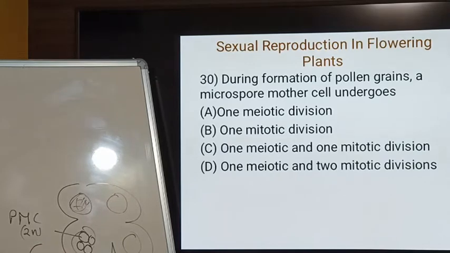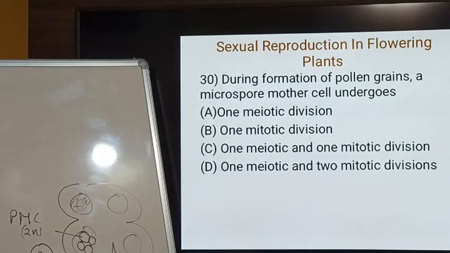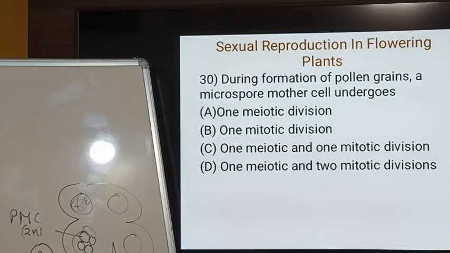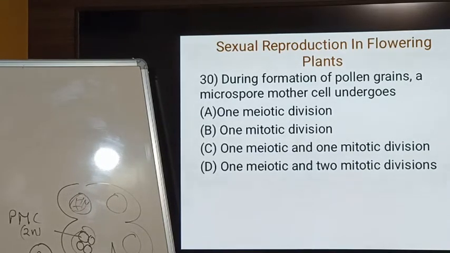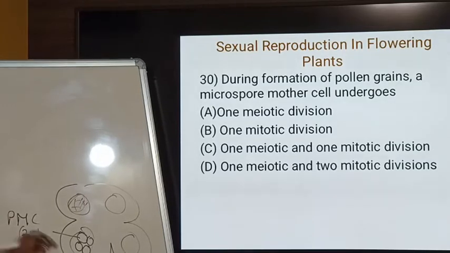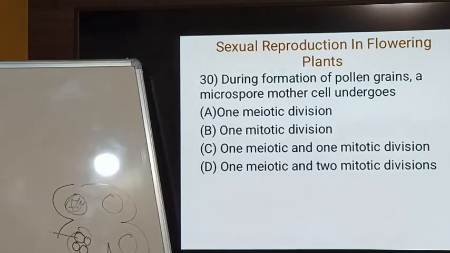This pollen mother cell, also called the microspore mother cell, undergoes meiotic cell division. What is meiosis? A reductional cell division. The 2n cell will produce 2 cells on the first meiotic cell division, and later on the second meiotic cell division it produces 4 haploid cells.